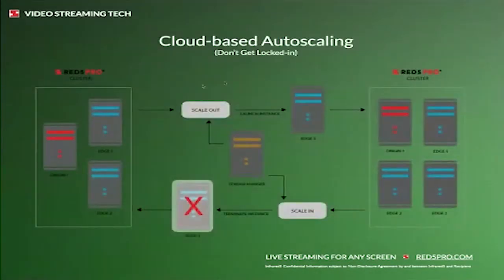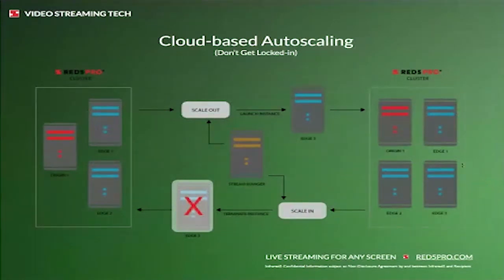This is a little example. It's in this state to begin with. You've got two edges running, a live stream going. Lots of people are viewing this. All of a sudden, it gets an event that tells it to scale out because these two are hitting capacity. It automatically adds another edge, and then it's in this state where you have more capacity.